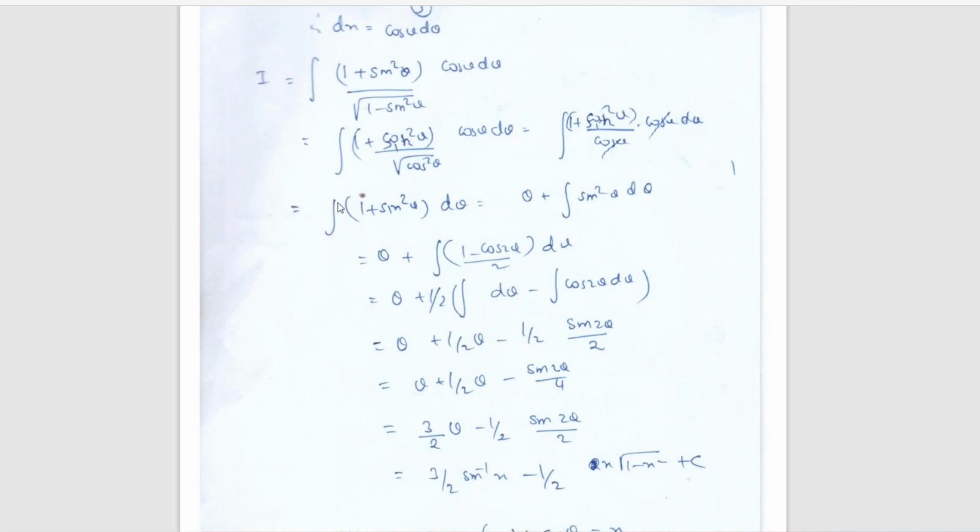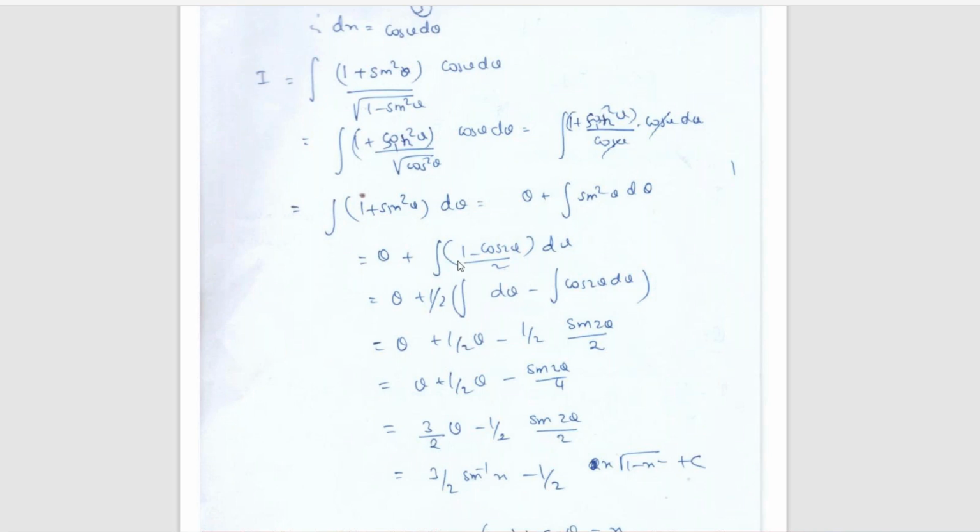The first integral is integral d theta. It is nothing but theta. So what you're getting is theta only plus the second integral, sine square theta d theta.